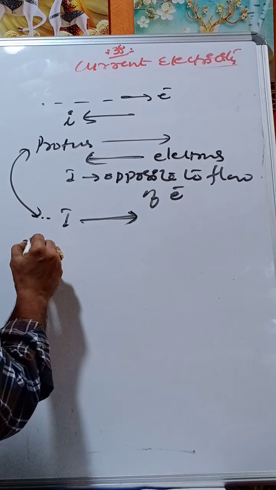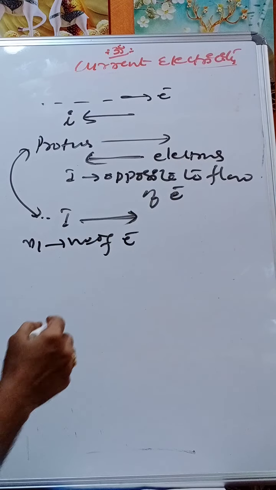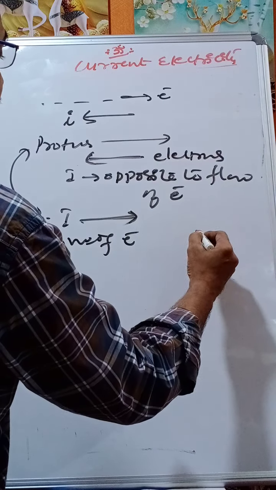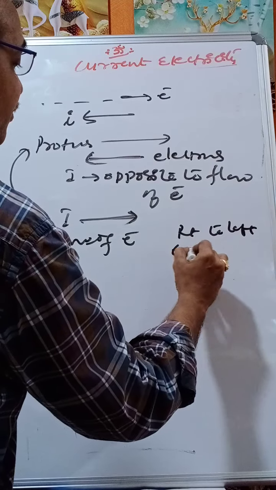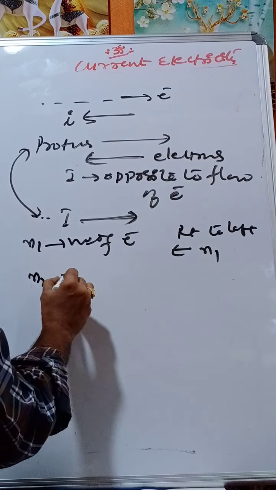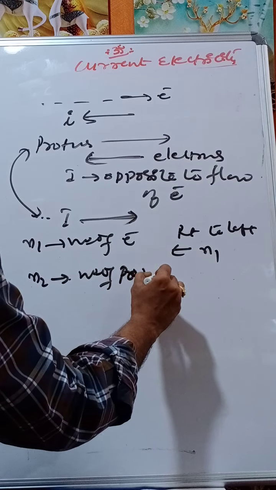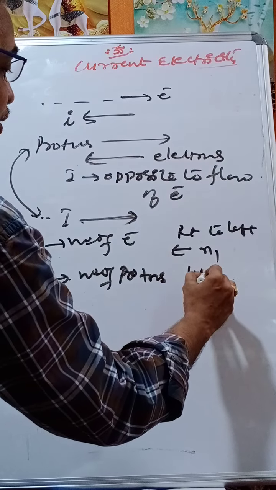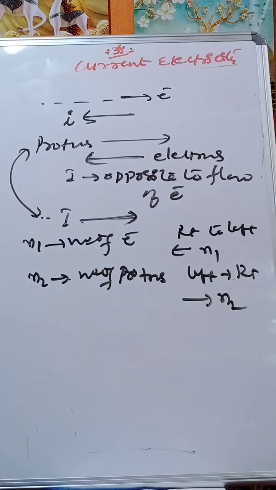Now let us say n1 number of electrons are flowing from right to left, and n2 number of protons are flowing from left to right. Then what is the current now?